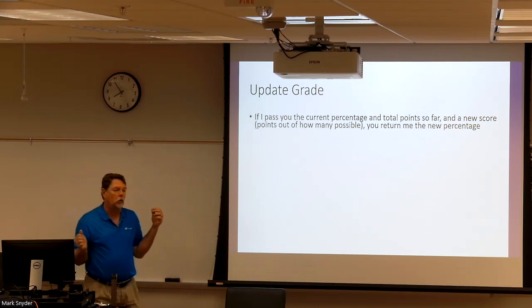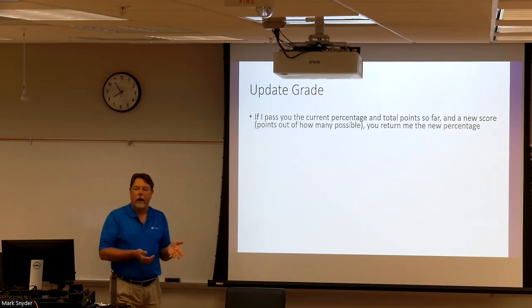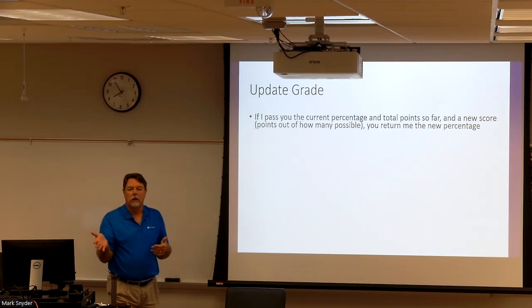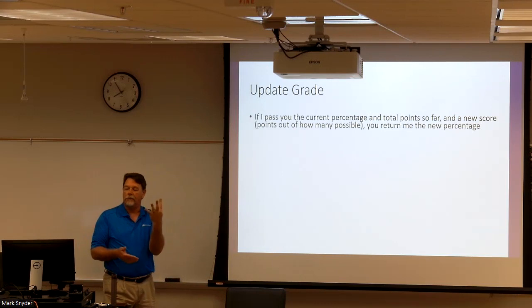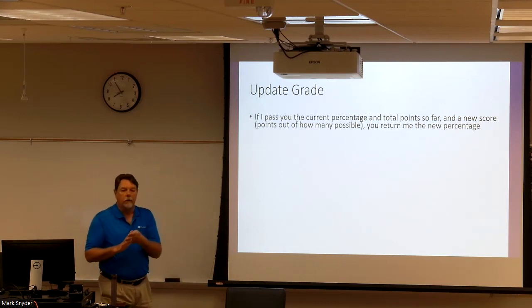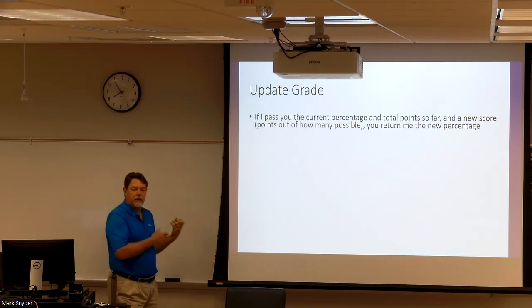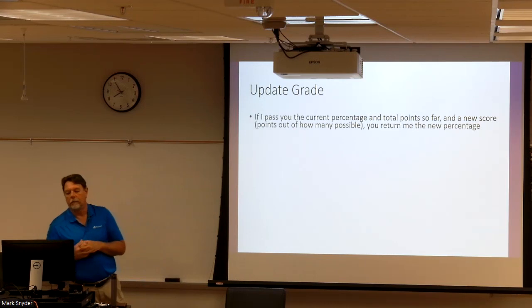And then I give you, okay, we just had a quiz and there were 10 points possible and this student got 8 correct. So I have to give you those 4 values for you to be able to do this work. Then you give me back what their new percentage value for the grade book is. Everybody buy that?